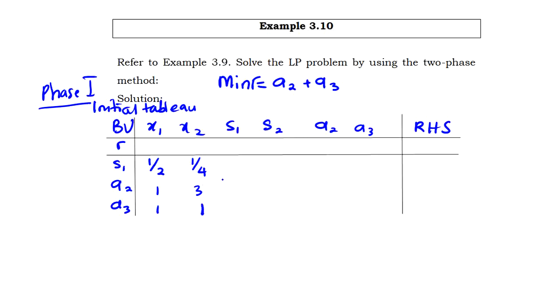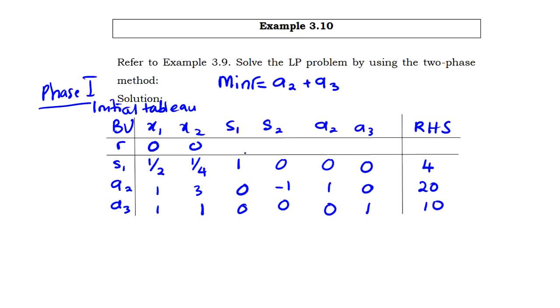So these three rows are the same as the Big M method. 1, 0, 0, 0, -1, 0. Then we have 0, 1, 0, 0, 0, 1. Right hand side 4, 20 and 10. And for row 0, we have 0, 0, 0.